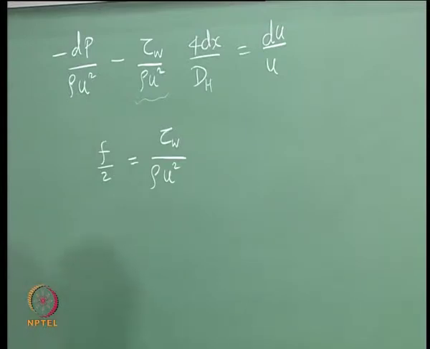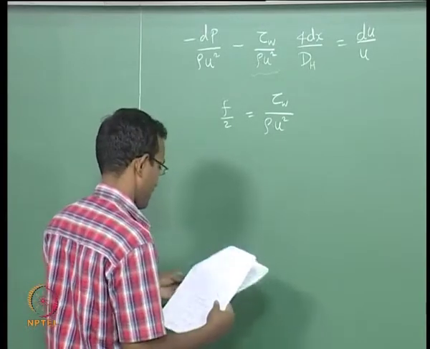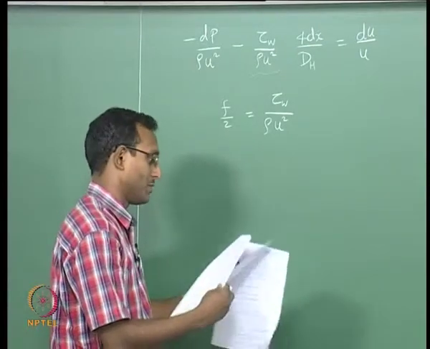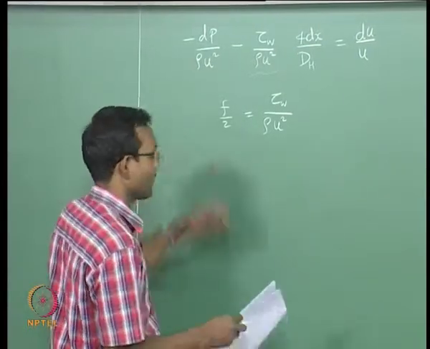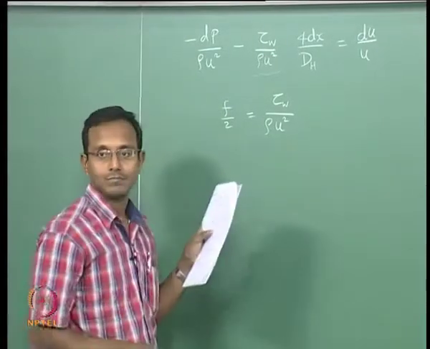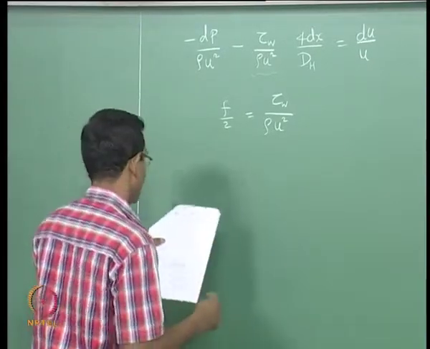Once we have this as f by 2, I am going to use the Fanning friction factor here, or I can use the Darcy friction factor and put 4f instead of that, whichever way you think about it. You can use one of those two numbers here. We have a relation between these two: f Darcy is equal to 4 times f Fanning. This is f Fanning. So there will be books which will say 4f instead of this also. Depending on which one they use, they change the numbers.